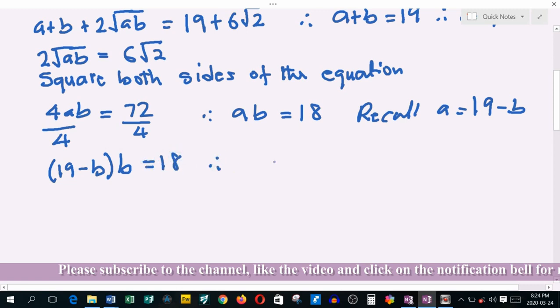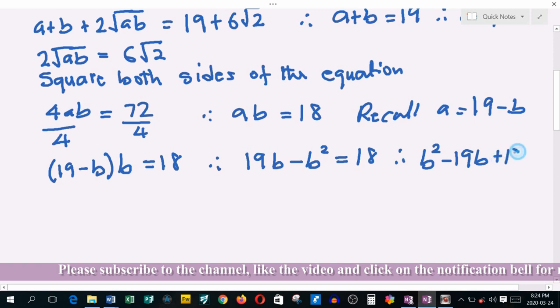Open the bracket, you have 19b minus b squared is equal to 18. Bring everything on the left hand side to the right hand side. You have b squared minus 19b plus 18 is equal to 0.